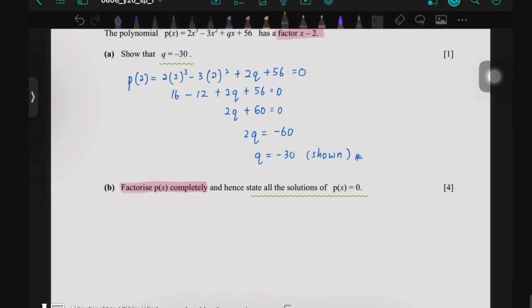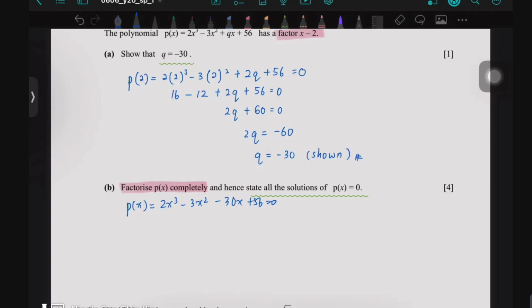We know our p(x) is equal to 2x cubed minus 3x squared minus 30x plus 56 equals 0, and you know that the factor is x minus 2.